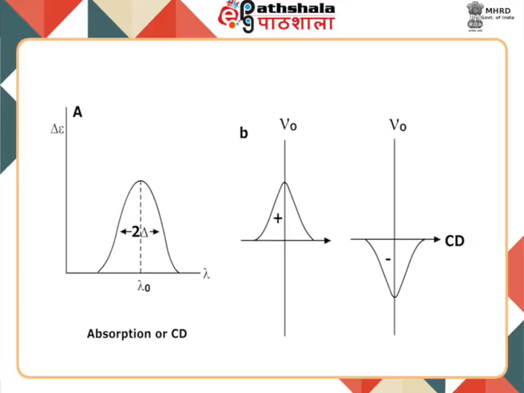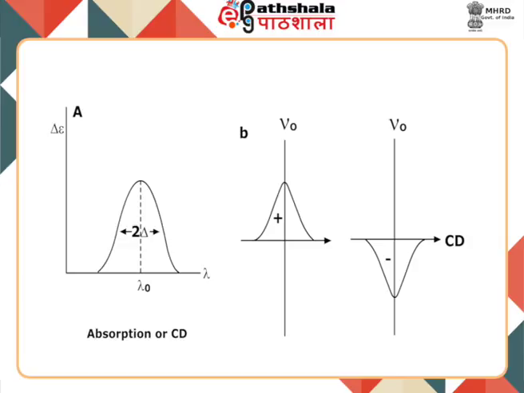It is only necessary to provide some means of production of right and left circularly polarized radiation. The spectrum obtained in circular dichroism is almost identical to an absorption spectrum, except that the peaks can be both positive and negative in the case of circular dichroism.